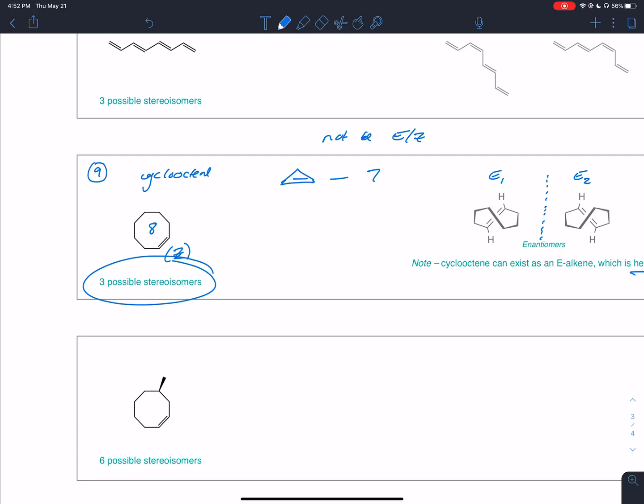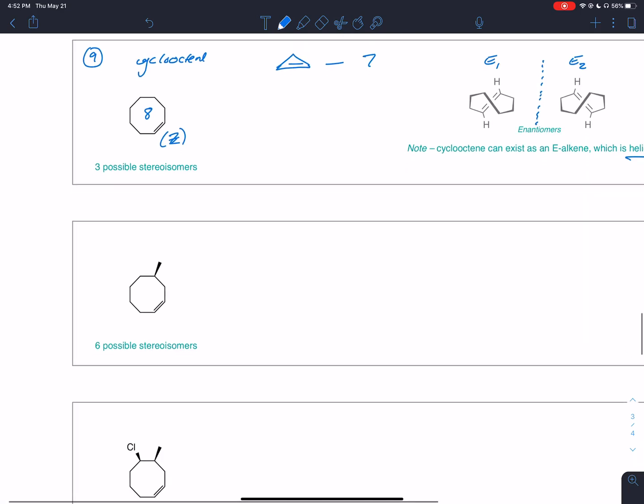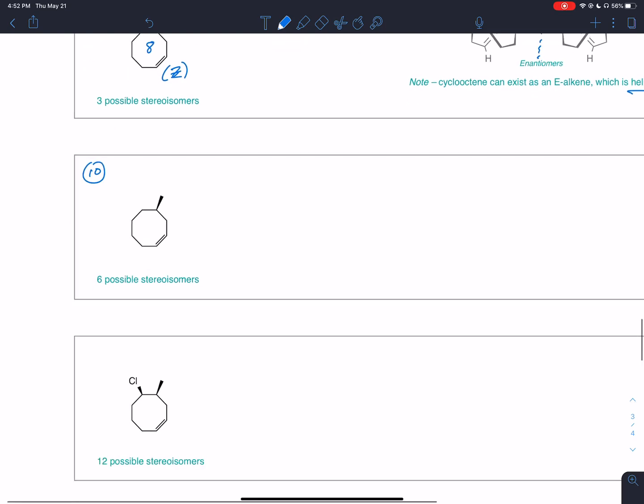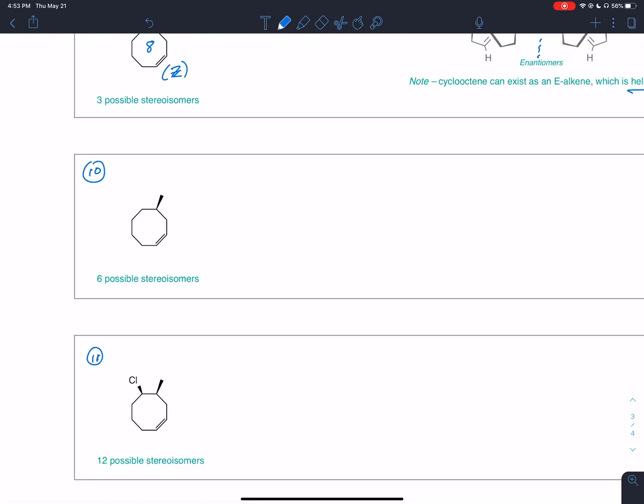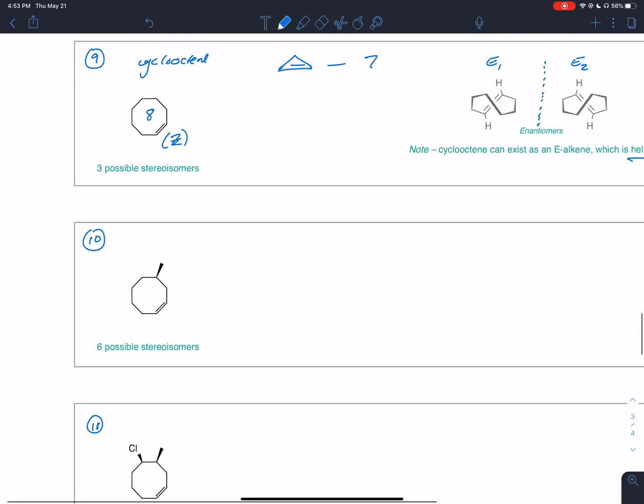All right, we are now going to go over example number 10 and example number 11 to reinforce this idea. So again, we're looking at our cyclooctene. This is 8 members in the ring. Now there's going to be 6 possible stereoisomers because now we have an asymmetric center as well. Okay, so here you could say we have the Z, we have the E helix 1, we have the E helix 2, and the asymmetric center could be R or S. That is 2 total possibilities.